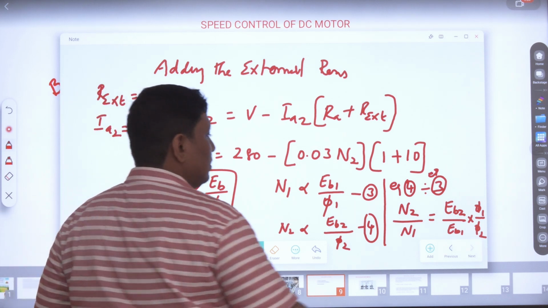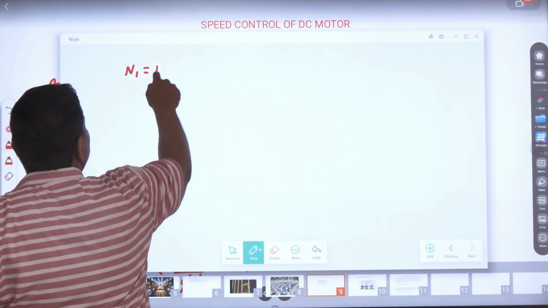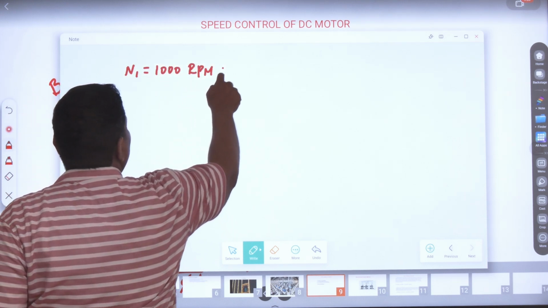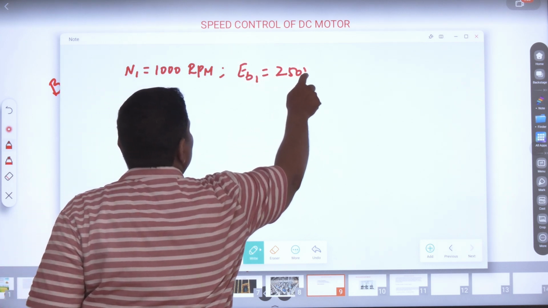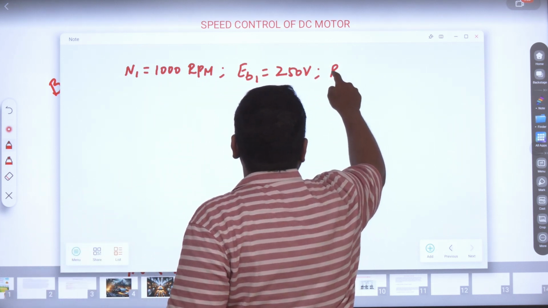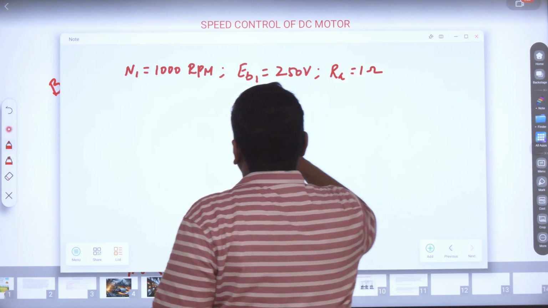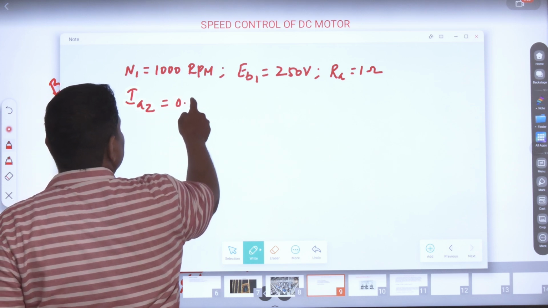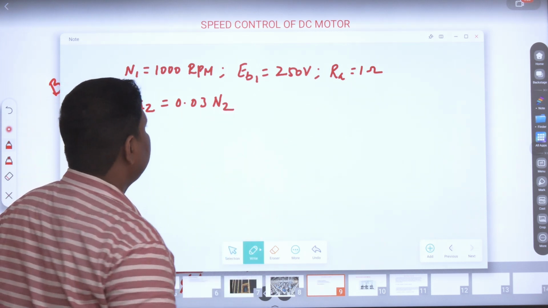N1 is 1000 RPM, EB1 is 250 volt, RA is 1 ohm, and IA2 equals 0.03 N2.